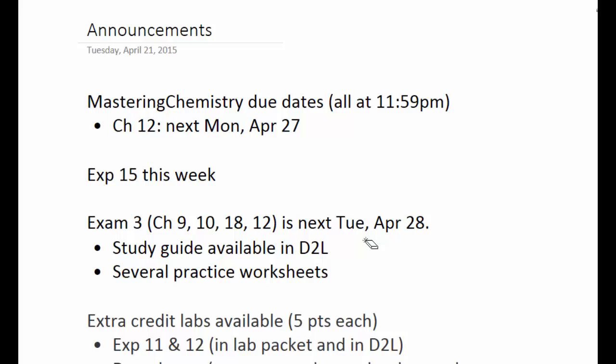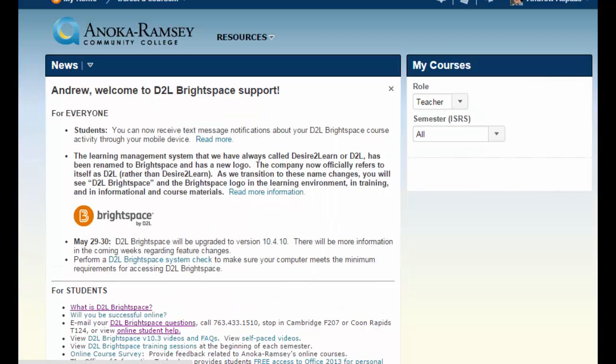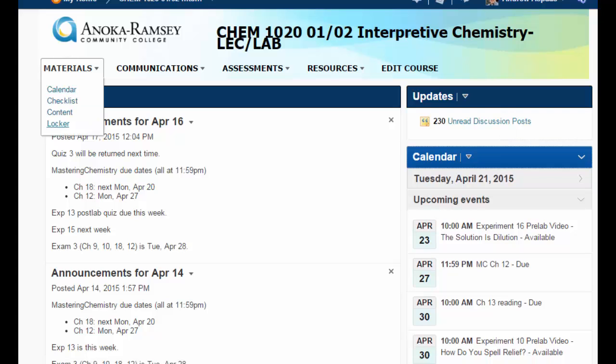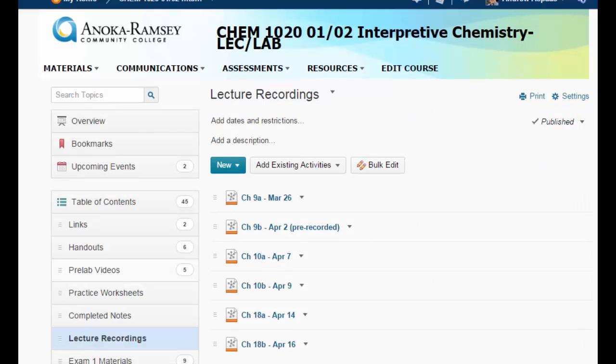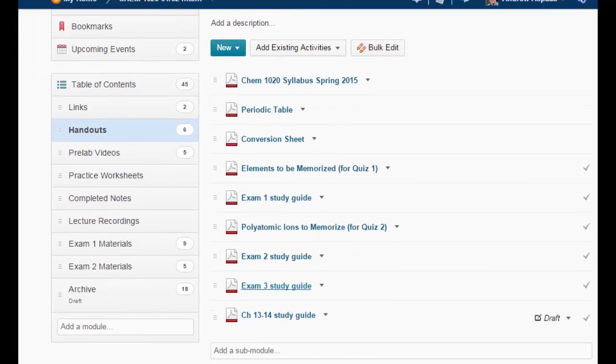Print off the study guide that's in D2L. Let me just double check to make sure it's up. Also a good reminder of the practice worksheets that we have in there. Materials, content. So handouts. Exam 3 study guide is right there.